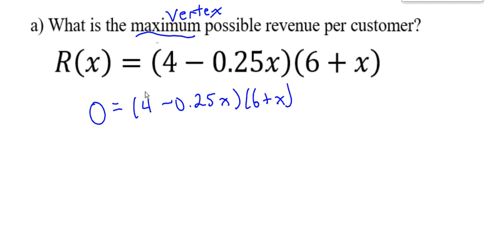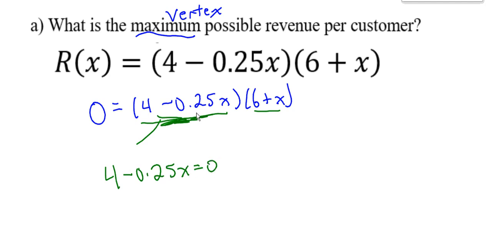So now I have 0 equals this bracket times this bracket. So I know that if this bracket was equal to 0, the whole equation would be equal to 0. Because, as you know, anything times 0 is still 0. So if I figure out what x value makes this bracket 0, I have a root.